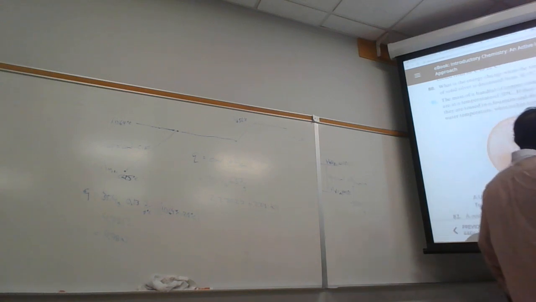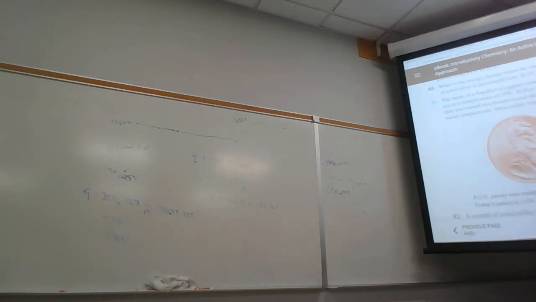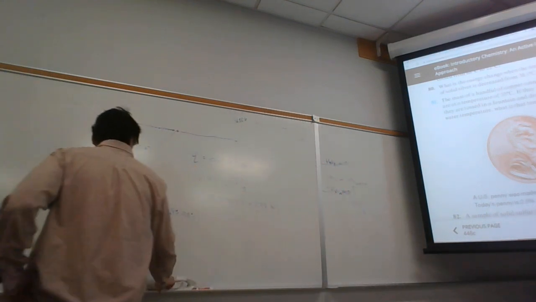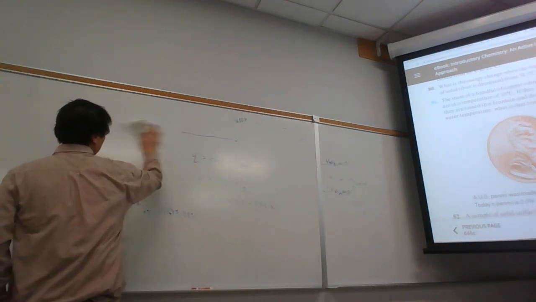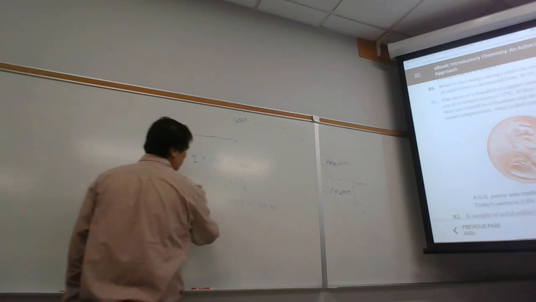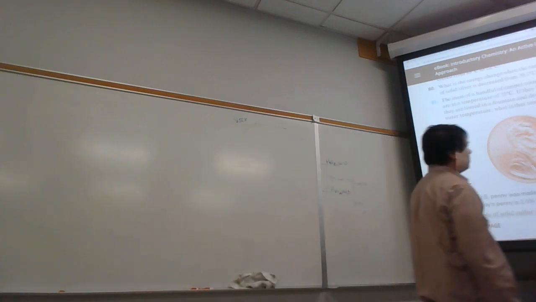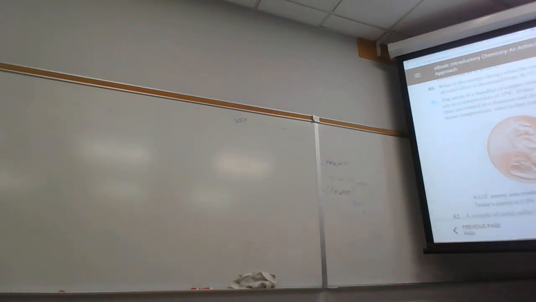A 127 gram piece of ice is removed from a refrigerator at minus 11 degrees C. So this is a very cold block of ice. It would be removed from the freezer. The freezer is very cold at minus 11 degrees C, which is sub-zero degrees C. It is placed in a bowl in which it melts and eventually warms to room temperature at 21 degrees C. Calculate the amount of energy the sample has gained from the atmosphere.